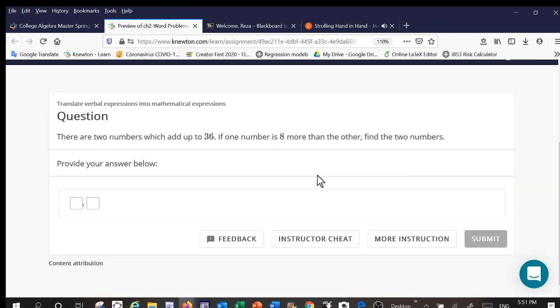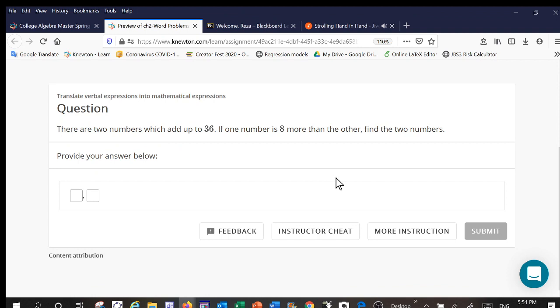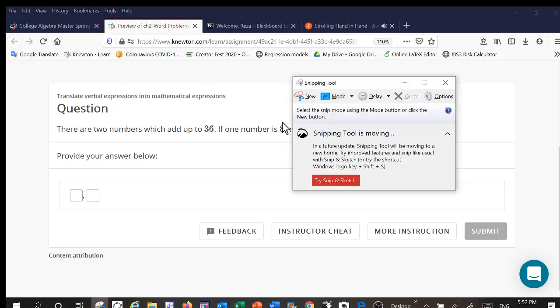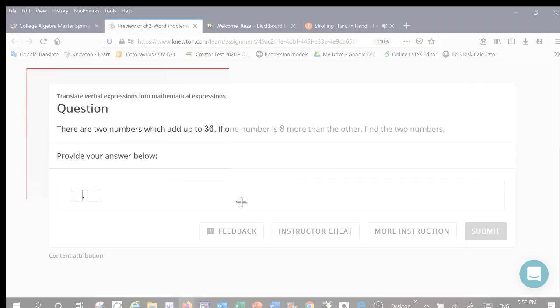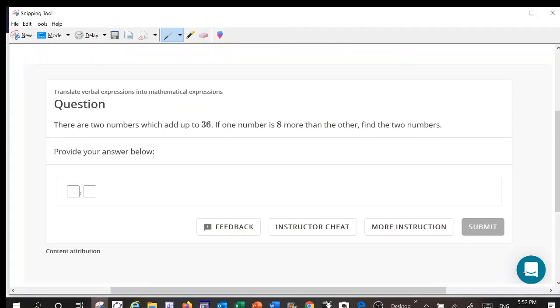Okay, so there are two numbers which add up to 36. If one number is 8 more than the other, find the two numbers. Okay, so let's write some equations here. One of them is x, and the other one we don't know either.